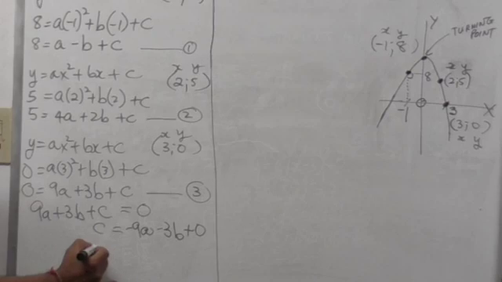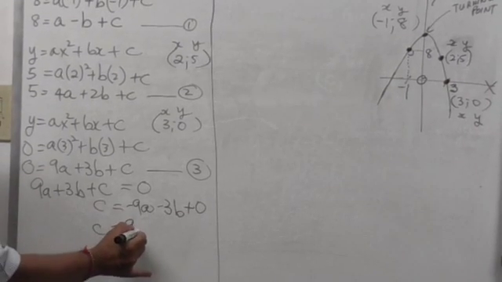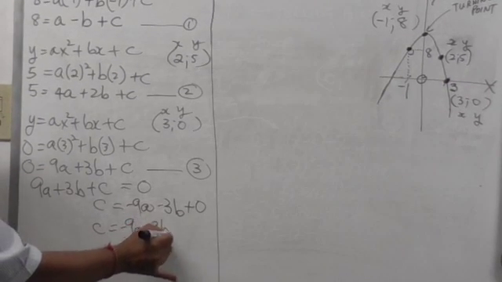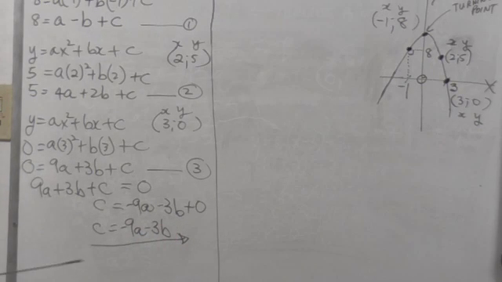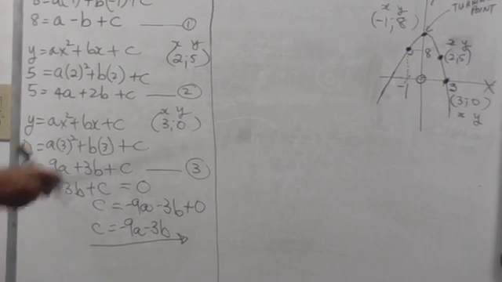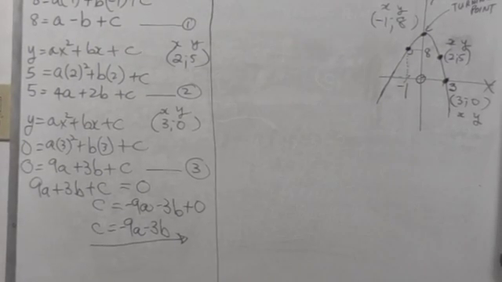Well, that gives you finally minus 9a minus 3b. So we have a value for c. Now we can take this and put it in these two and then solve for a and b. Well, that's what we're going to do now. So we're going to move on to that side. So I'm going to erase the diagram now.